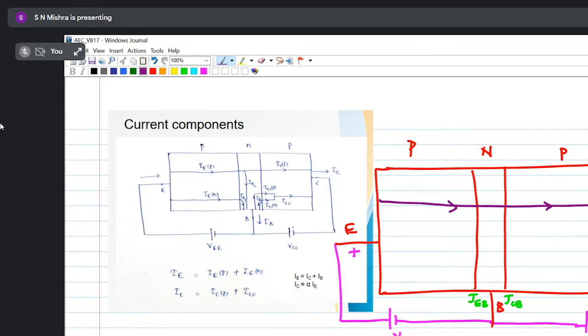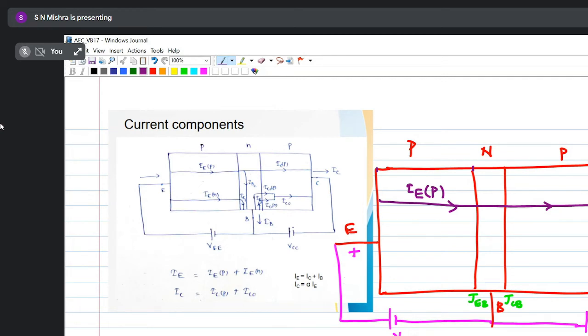Now if holes are moving from left to right, what is the direction of current? Hole movement and current movement are in the same direction, left to right. So the area in which the emitter is present, from here to here, I am considering this as the emitter current due to holes, and I have represented it here as I_EP.